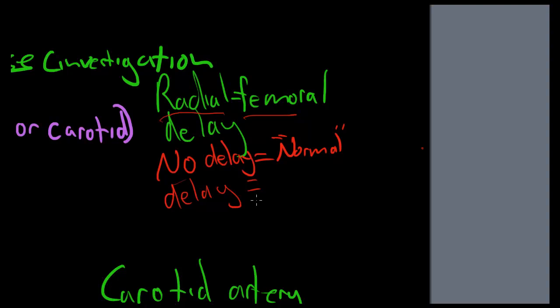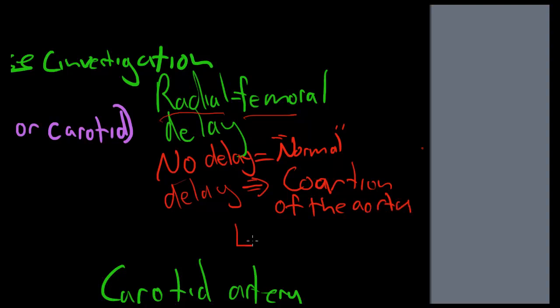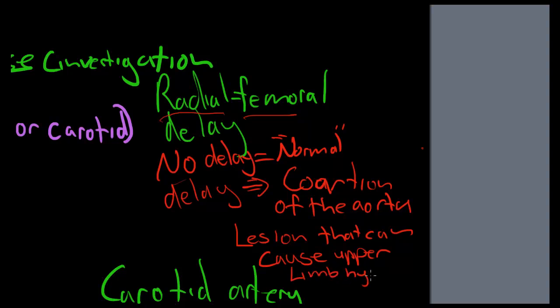So a delay can indicate a coarctation of the aorta, which is essentially a lesion that can cause upper limb hypertension.